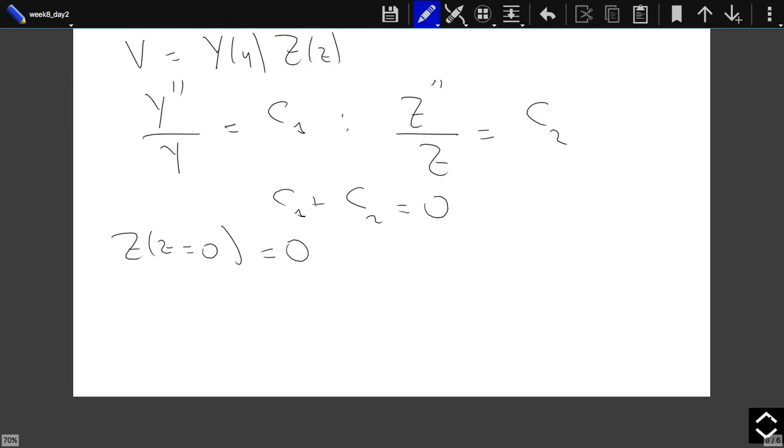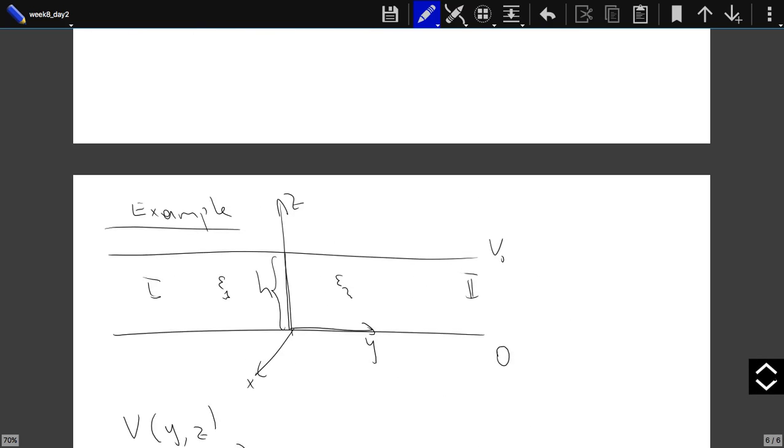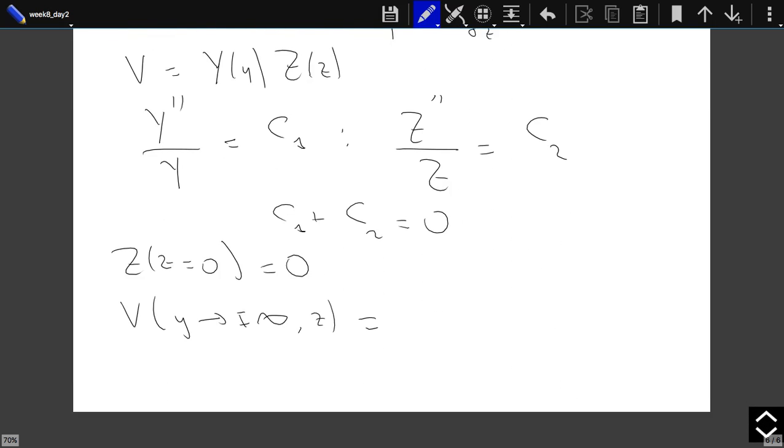I also know something about V as y goes to plus or minus infinity, as a function of z. You see, I have these infinite plates. The plates go to infinity as y goes to infinity.